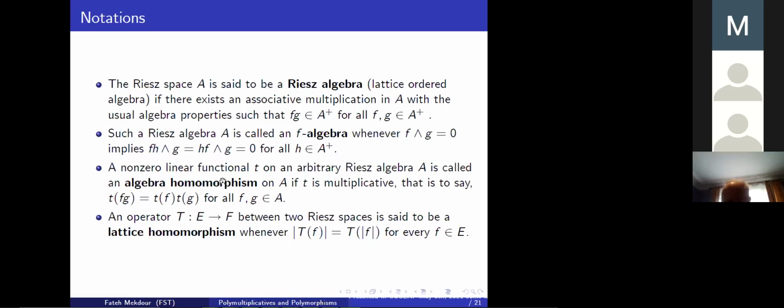A nonzero linear functional T on an arbitrary real algebra A is called an algebra homomorphism on A if T is multiplicative.